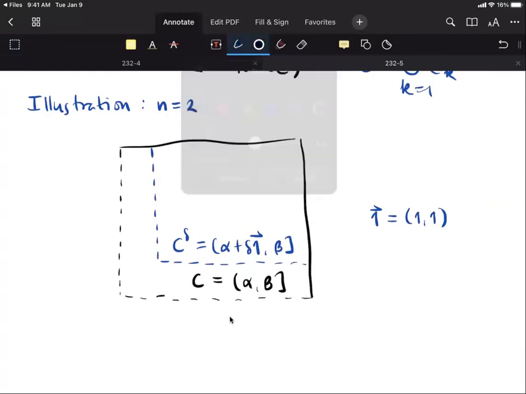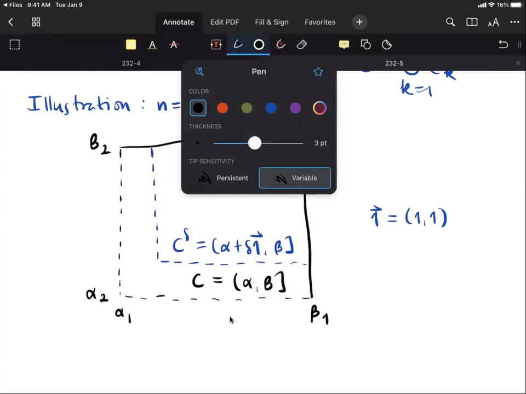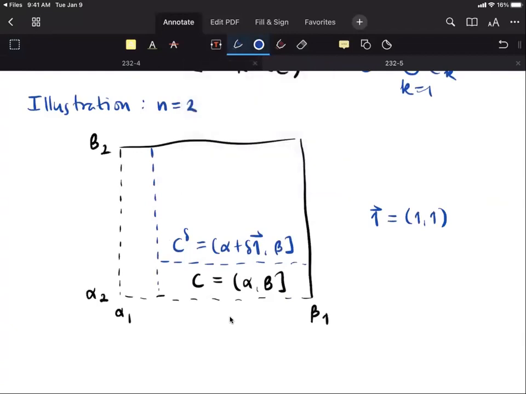So let us look at the coordinates. Let's say the coordinates here are alpha 1, beta 1, and here alpha 2, beta 2. So here the distance of this would be delta, and then the distance with this would be delta. So the projection of this point would be alpha 1 plus delta.